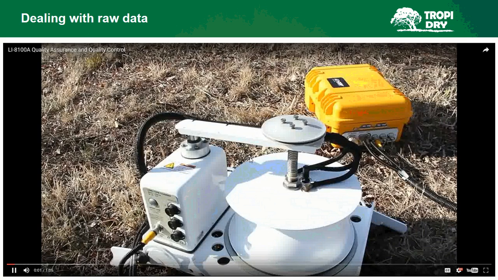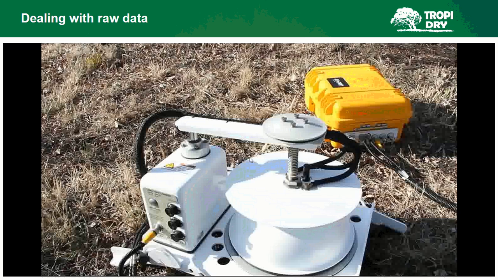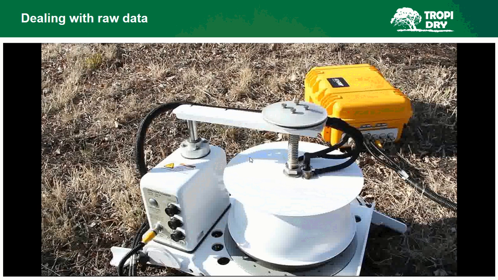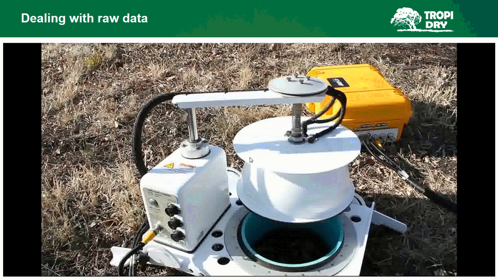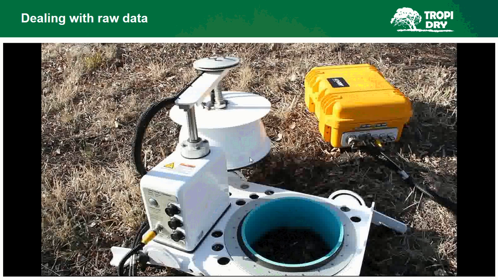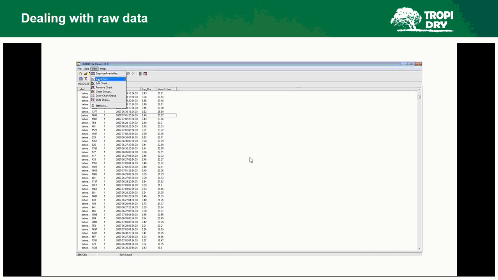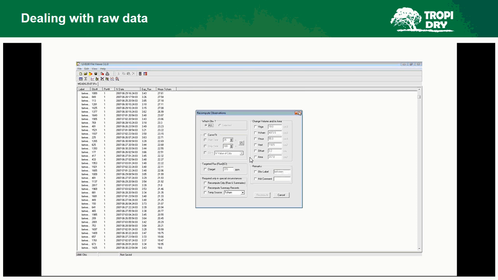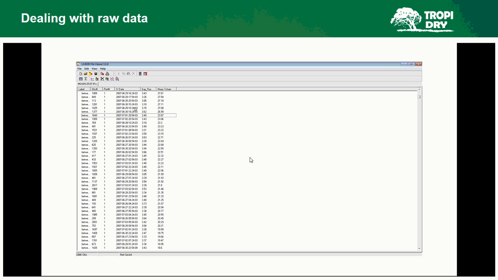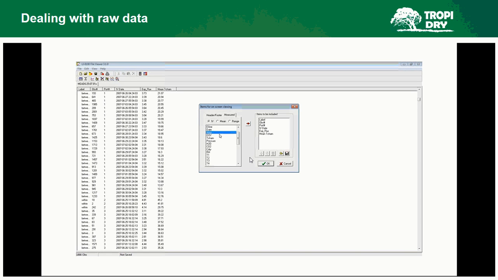The LI-8100A system includes exclusive software that allows you to quickly process large data sets and QA, where a graph and recompute data very quickly. It utilizes an easy-to-read table so you can sort through key variables.